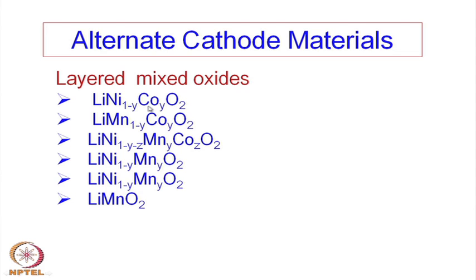So here cobalt has been replaced partly by nickel, partly by manganese, and also here partly by nickel, partly by manganese, both nickel and manganese have been used, and here cobalt has been completely removed and replaced by nickel and manganese.